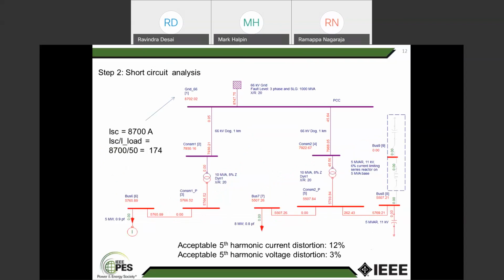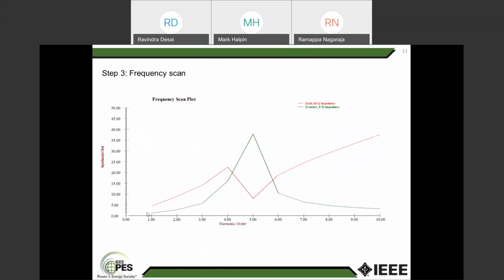I am not going to discuss that. But based upon those stipulations and the standards, each and every equipment is modeled. Then you try to find out what is the driving point impedance, Thevenin equivalent impedance at the driving point here. It is what you are going to see here.